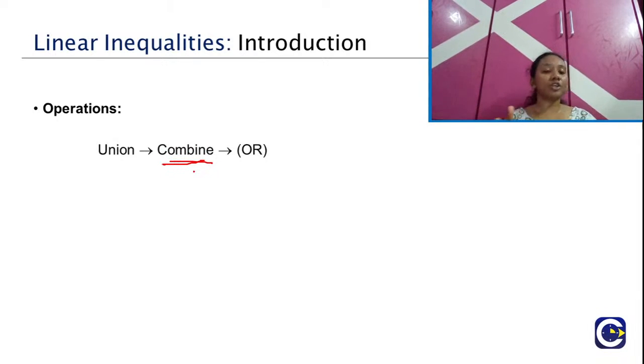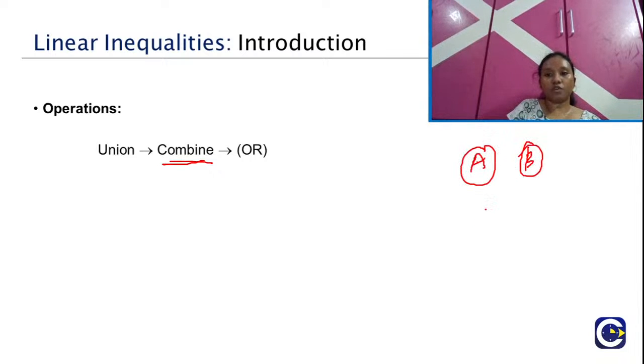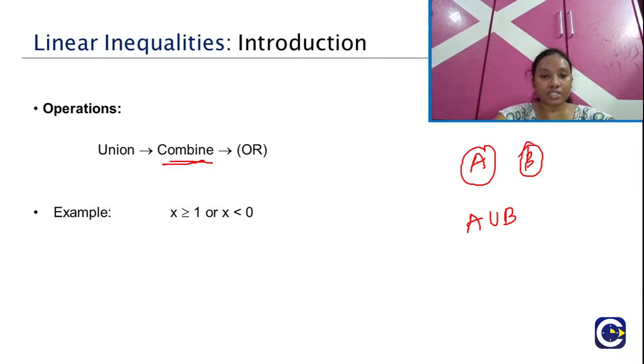So what is union in sets? Union is nothing but both the elements will be included. If I have taken two sets, A and B, what do we mean by A union B? A union B states that it will include all the elements of A as well as all the elements of B. The same thing applies to inequalities also.